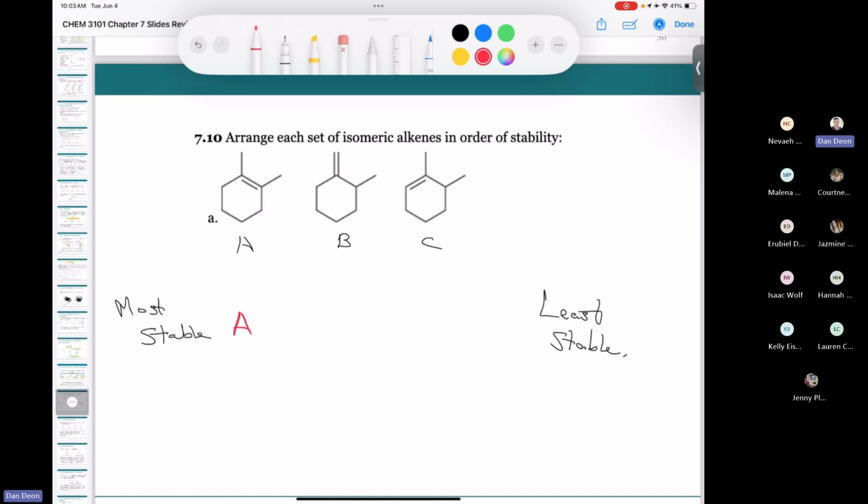So A is the most stable because it's tetrasubstituted. Which one's going to be the least stable? Exactly. B is going to be the least stable. Why? Because it's disubstituted, right? And then C is trisubstituted, so it's going to be somewhere in the middle. So A is the most stable, B is the least stable, and C is trisubstituted, like that.